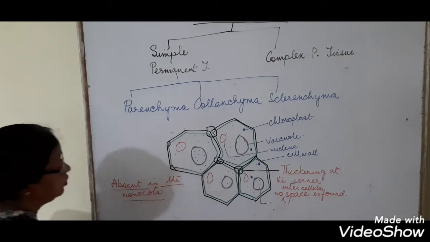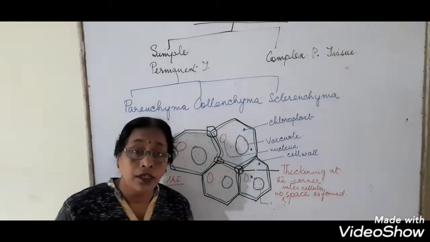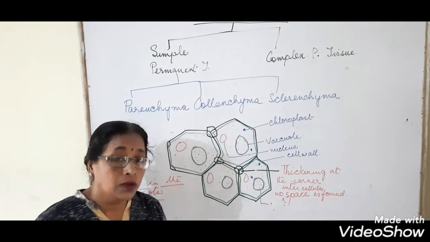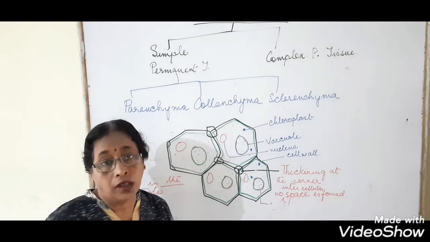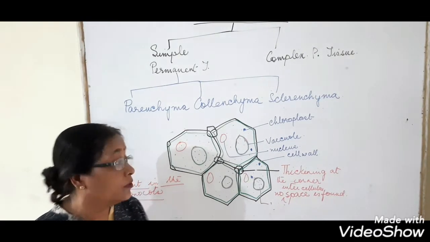They are only found in dicot plants, below the epidermis of the stalk, the midribs.